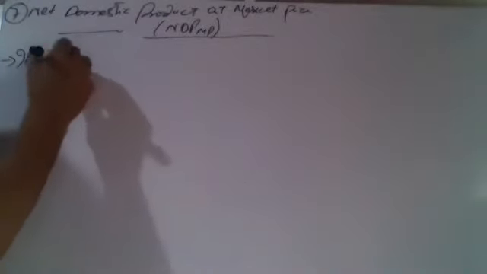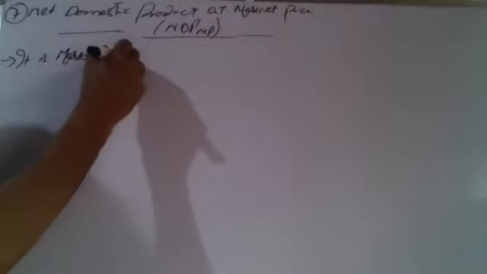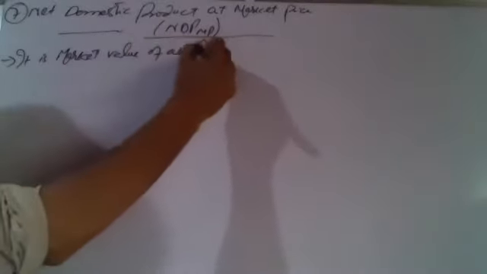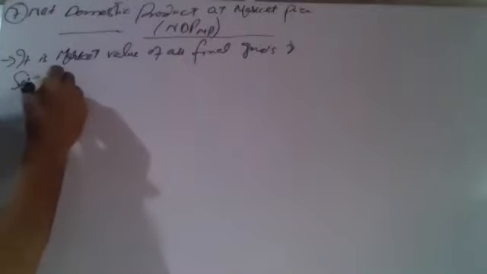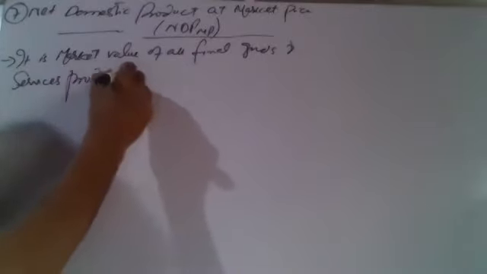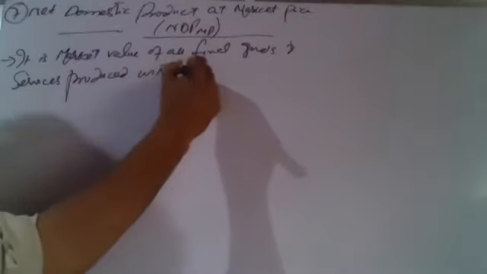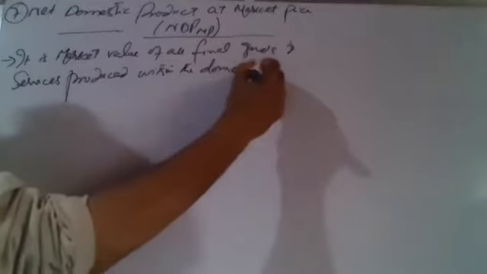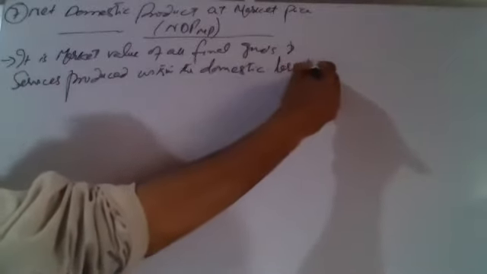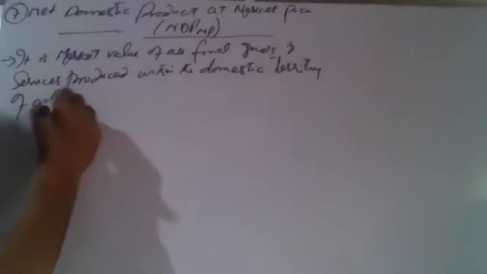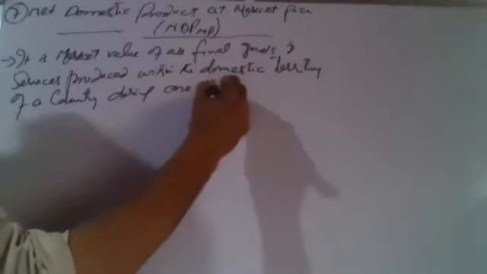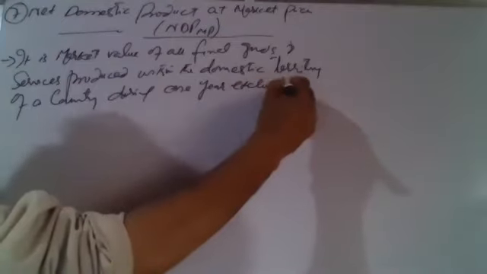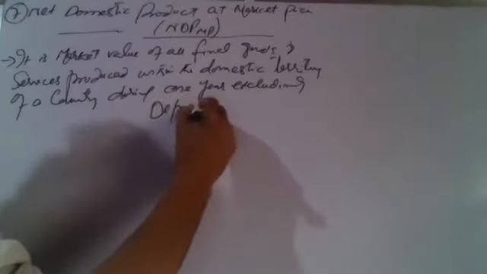So we have a simple definition for it. It is the market value of all final goods and services produced within the domestic territory of a country during 1 year, excluding depreciation.